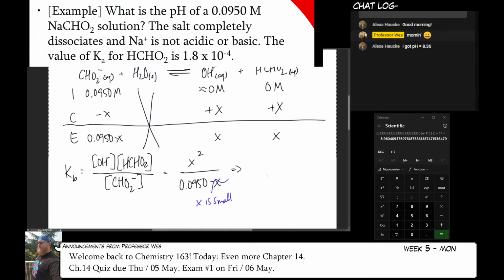And so that's going to mean that 0.0950 times Kb, square rooted, equals X. And Kb was listed above, so it was 5.6 times 10 to the minus 11 times 0.0950. Then we'll square root that: 2.3 times 10 to the minus 6.